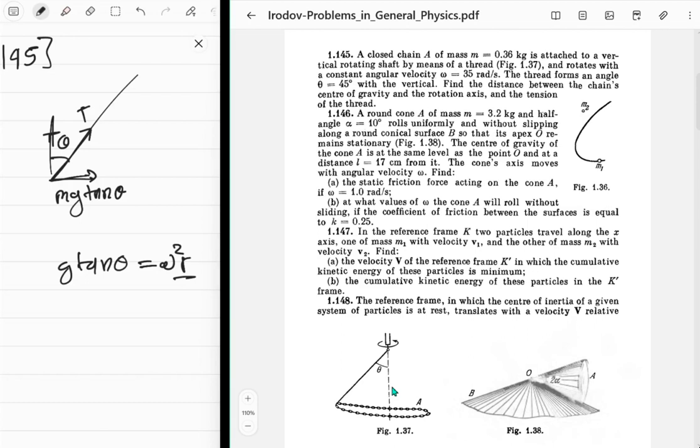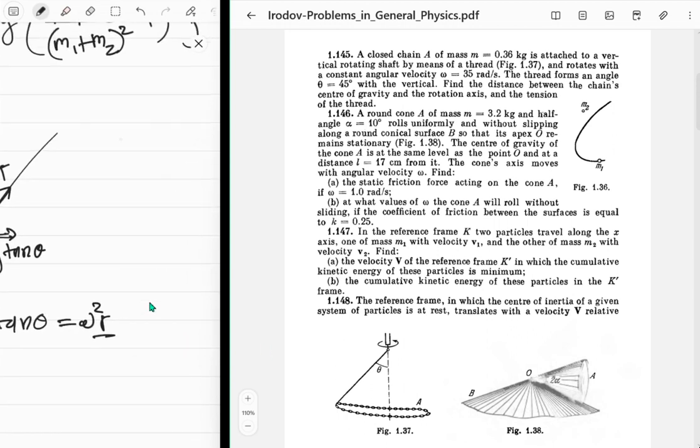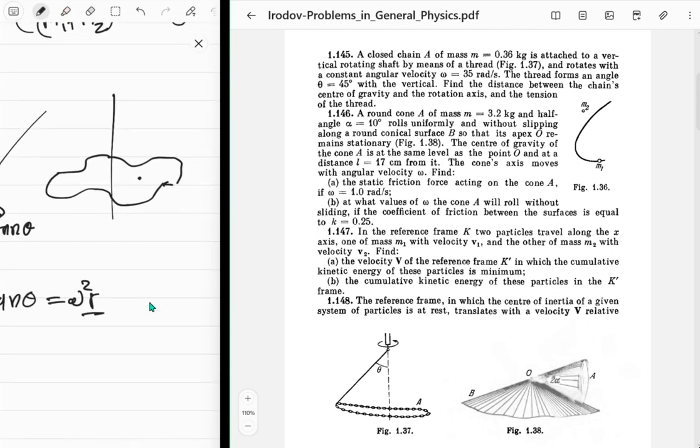So what did I do at this moment? How did I come to this conclusion? What I did was, you have this body, whatever kind of 3D body it is, rotating with omega, and in the vertical direction it's not moving. It's just rotating. So I took the reference frame of this rotating body. Then there's the centrifugal force acting on each of these particles, so in the end you just have the centrifugal force acting on the center of mass.